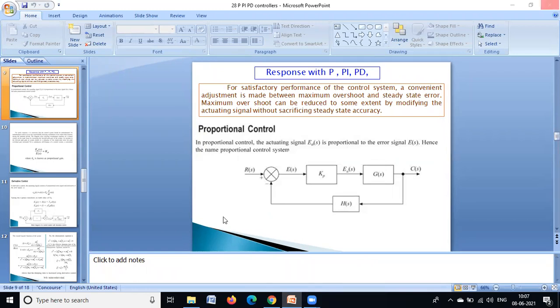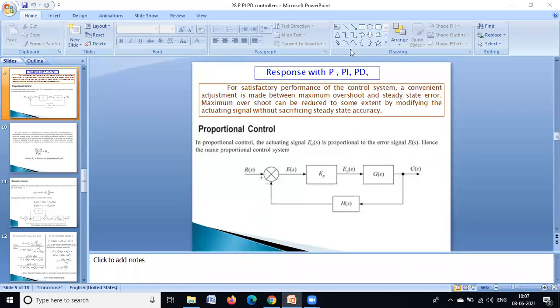Just see here. For the satisfactory performance of the control system, it is convenient to adjust. Adjustment is made between the maximum overshoot, because the maximum overshoot must be less for an ideal system, and the steady state error must be 0 for an ideal system.